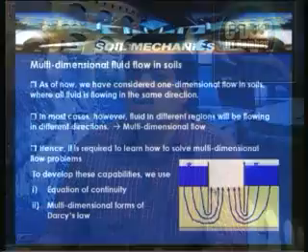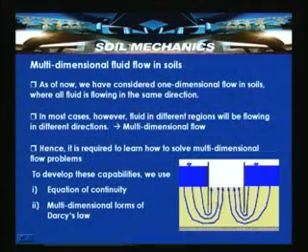An example which can elucidate multidimensional flow is shown here, where you have two sheet pile walls placed here. It is possible that the flow can occur from this upstream end to this. This is a cofferdam type situation, created to facilitate construction.